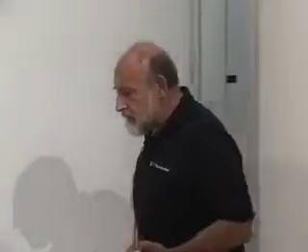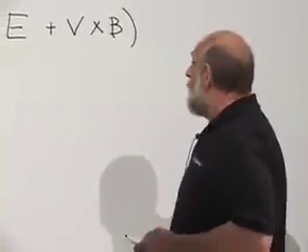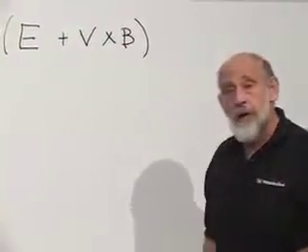Well, if an electric field can add energy to a charged particle, then it had better be that a charged particle can suck energy out of an electric field. Otherwise, energy wouldn't be conserved. So it stands to reason that if electric and magnetic fields can do things to charged particles, then charged particles, charged currents, electric charges had better be able to do things to electric and magnetic fields. So that's the topic for tonight.